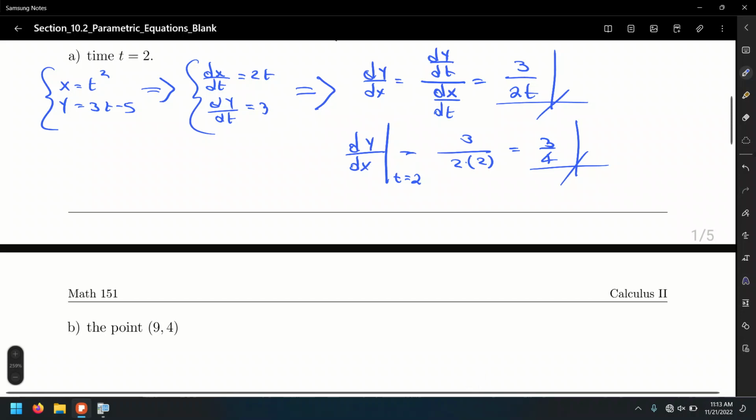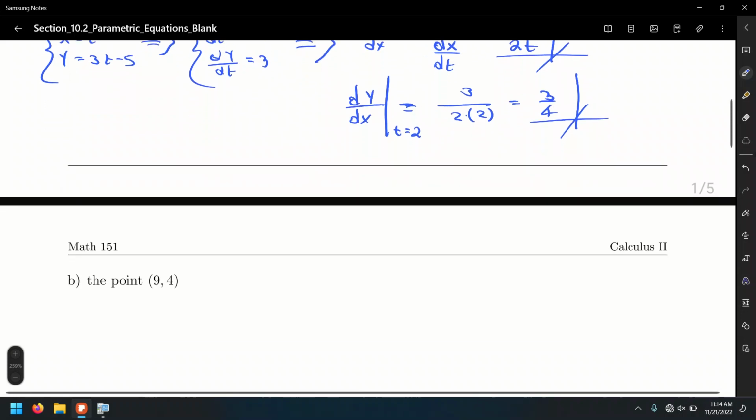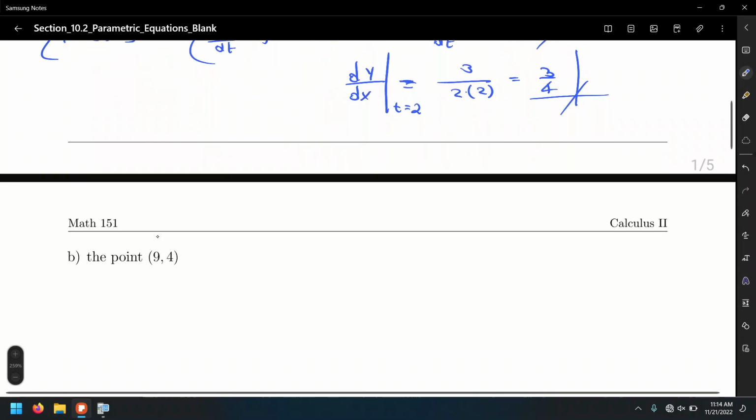However, this is an expression of t. But again, recall that t and the ordered pairs x and y are related through the set of parametric equations. Well, in this case, we need to know when the particle is at the point (9, 4).